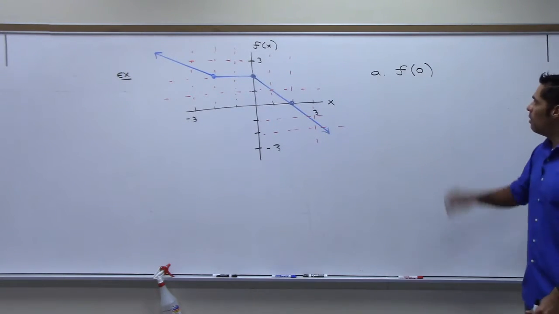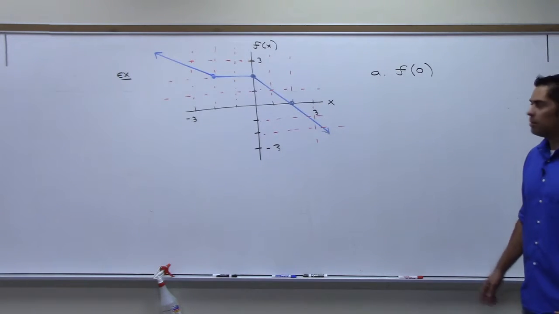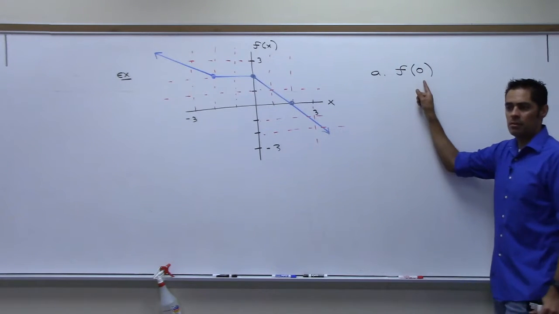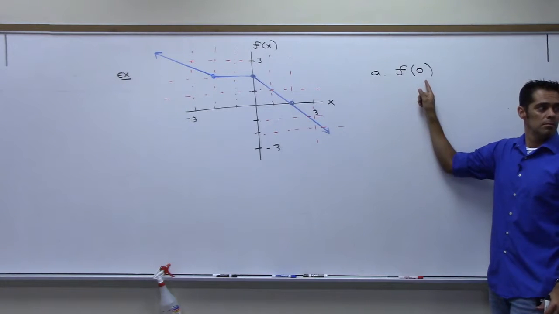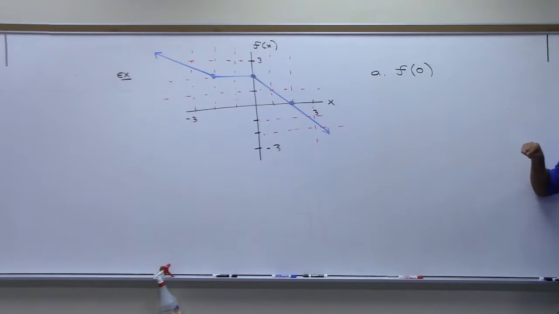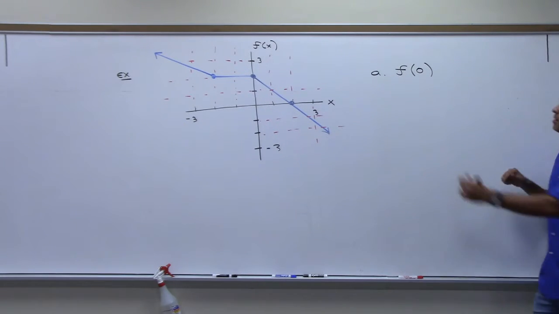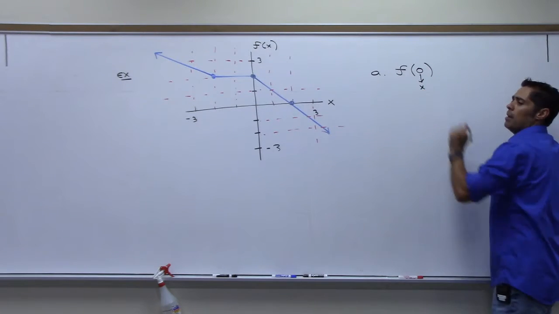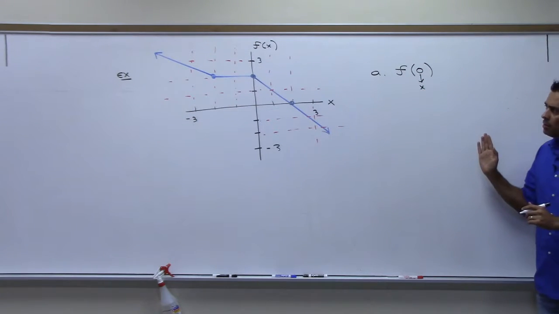So what are you doing to determine the result of this? Well, no, we're not saying where is f of x equals 0. You're saying what does the function spit out if I plug in 0, right? So this is the x coordinate, right? So what is the answer?